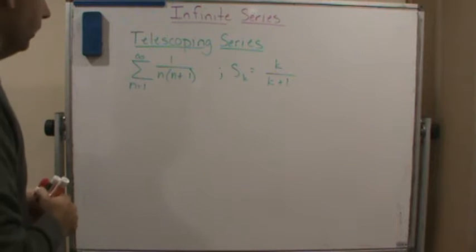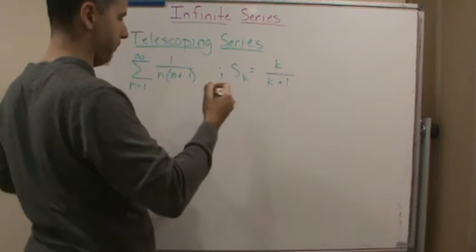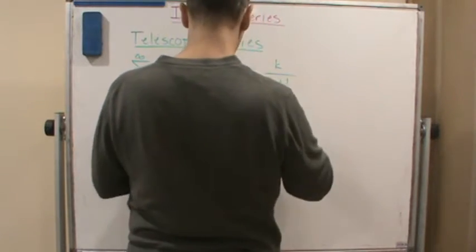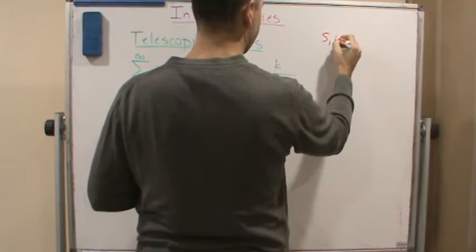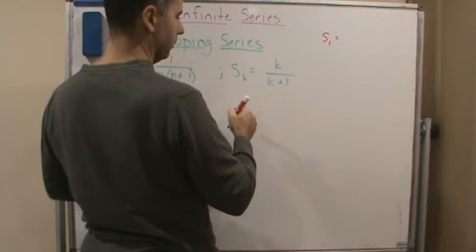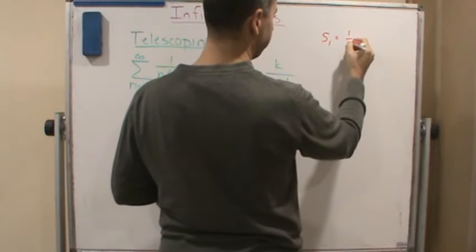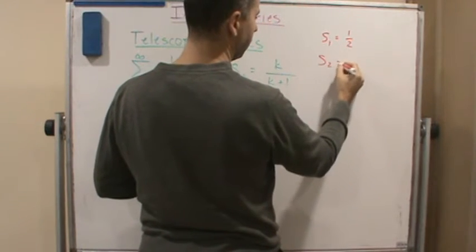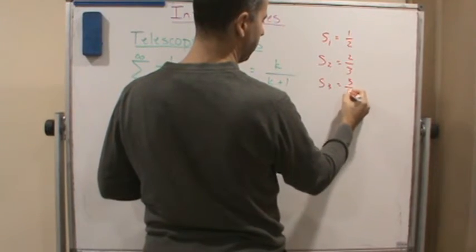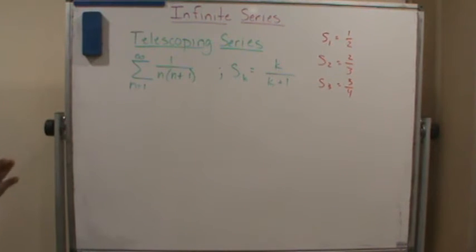S1 is equal to 1/2, S2 was equal to 2/3, and S3 was equal to 3/4, and so on.